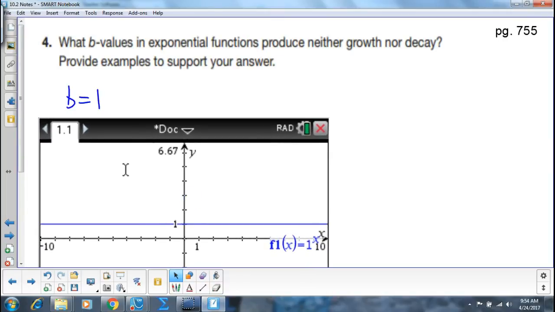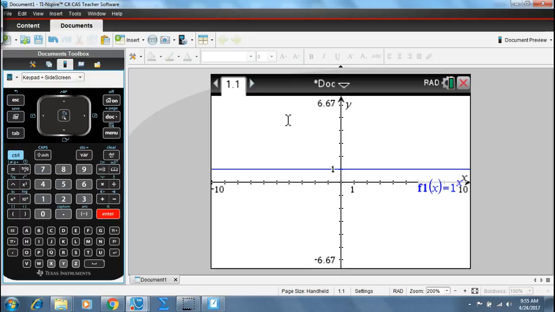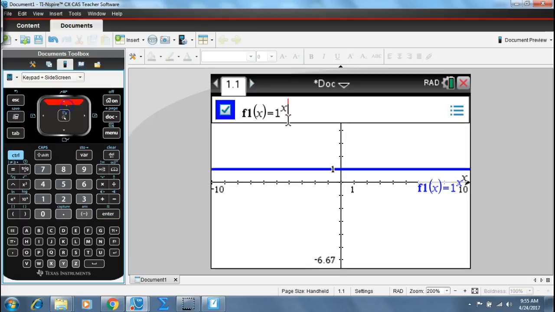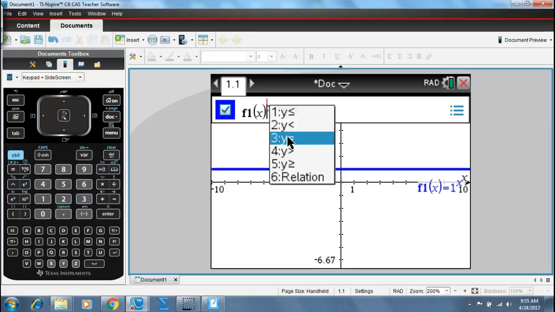And what's the other one? 0. Tab up. Equals.